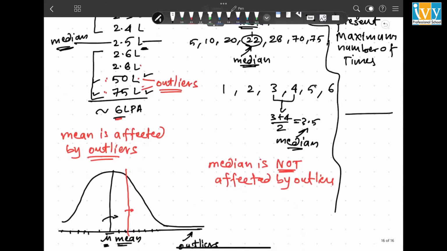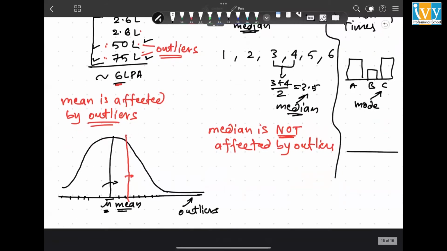So there can be multiple categories, let's say A, B, and C. Whichever is present maximum number of times, for example, C is present maximum number of times, so C becomes the mode. If there is a scenario like this, 100 times, 100 times, 50, 70 times, 4 categories, A, B, C, D, then A and C both are modes.